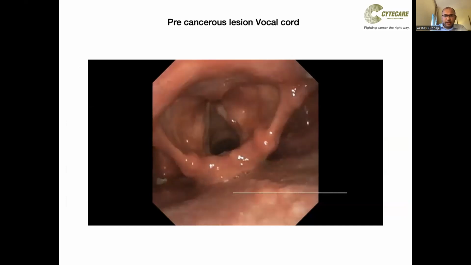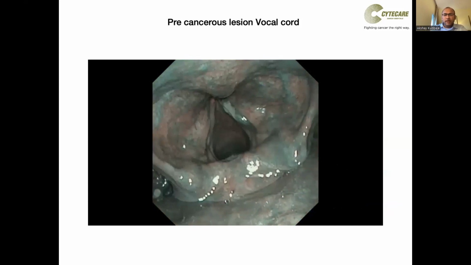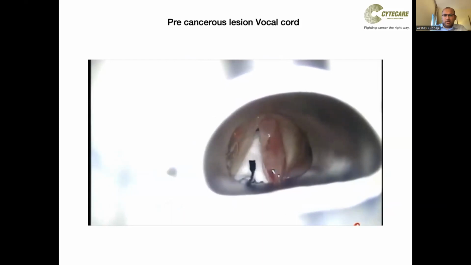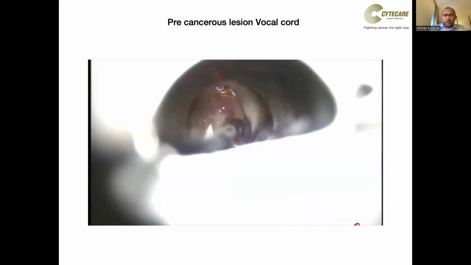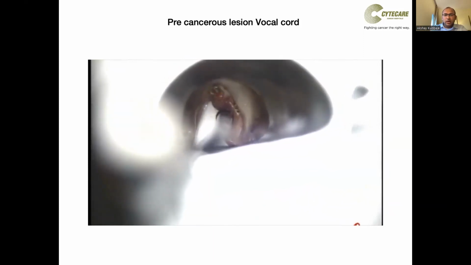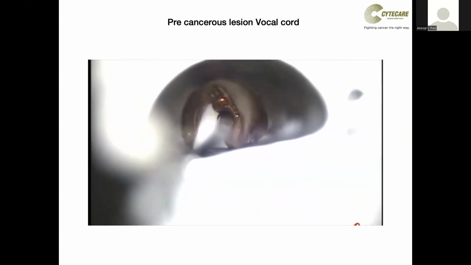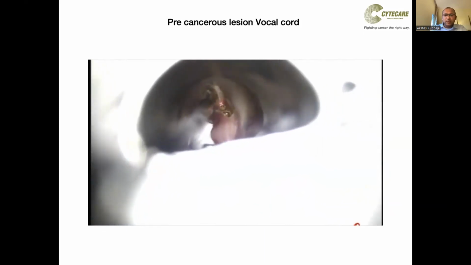So the lesion in the free edge of the vocal cord, which can look like a superficial leukoplakic lesion or a Reinke's edema kind of lesion, I straight away discussed with the patient and considered for a type 2 cordectomy, with excision of the entire lesion with a millimeter margin all around, the depth of the resection being subligamental, that is, the vocalis muscle was preserved.